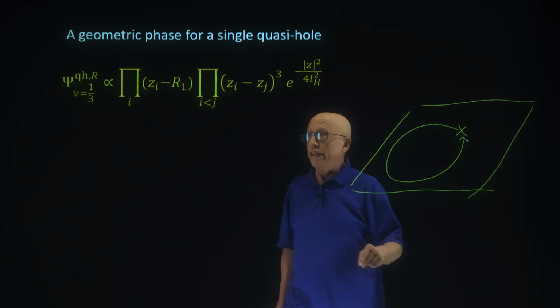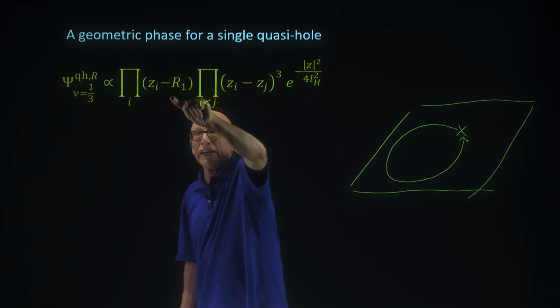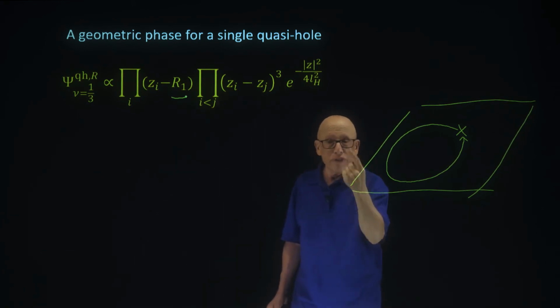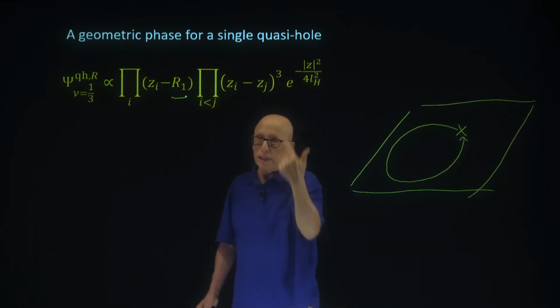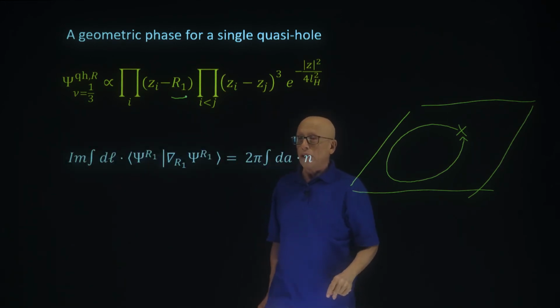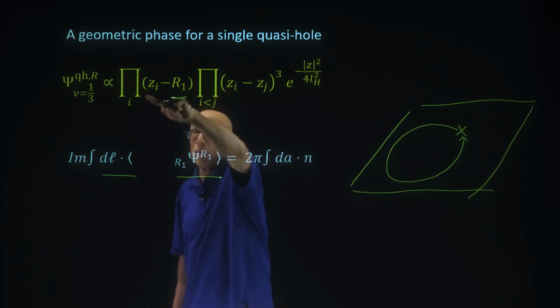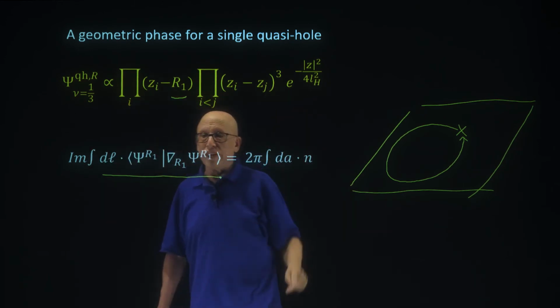a closed trajectory. The wave function we already talked about for a quasi-hole, and here's the position of the quasi-hole. Before we put it at the origin, but now we'd like to have this as a parameter. We'll calculate the geometric phase after normalizing this wave function.